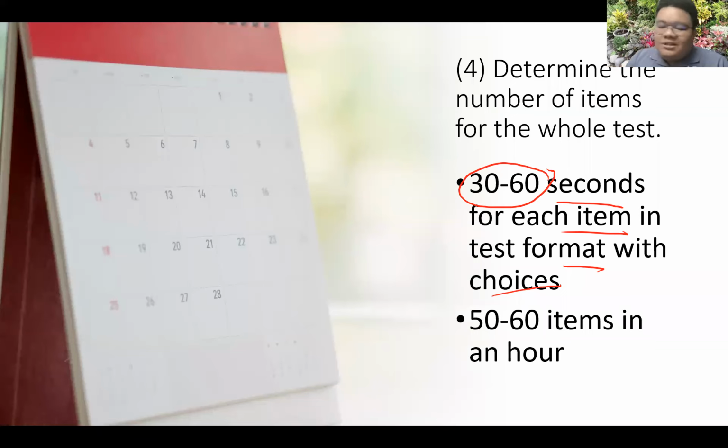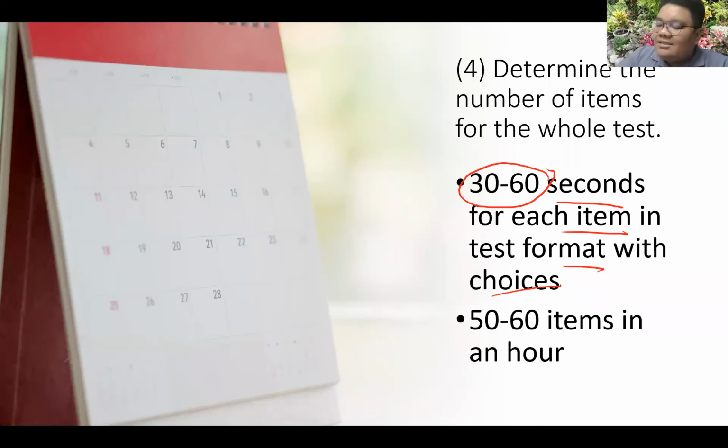Okay? So, 30 to 60 seconds lang po yung budget sa isang item. Which means that kung kayo naman yung gumagawa ng exam, huwag nyo namang masyadong habaan yung situation. Huwag nyo masyadong habaan yung question because your students would only have 1 minute supposedly to answer that question.